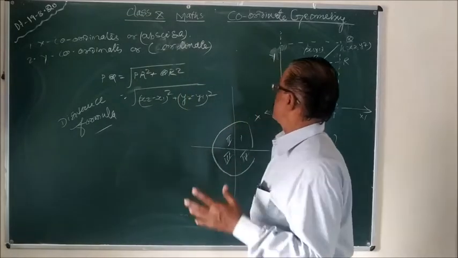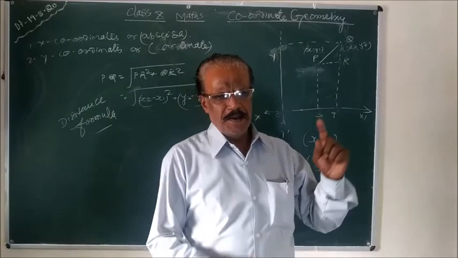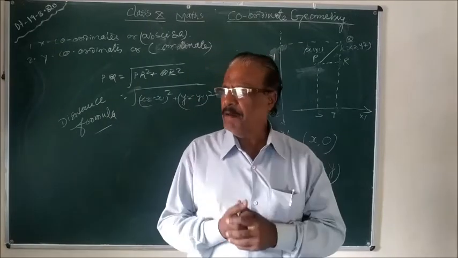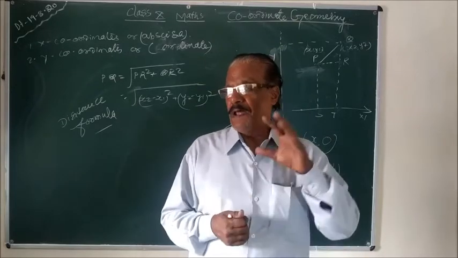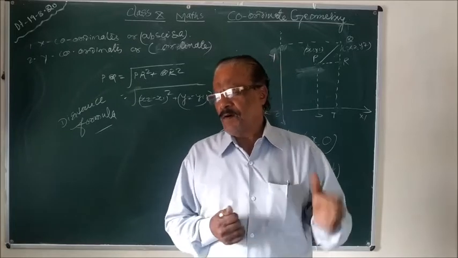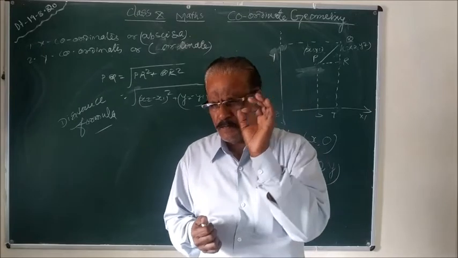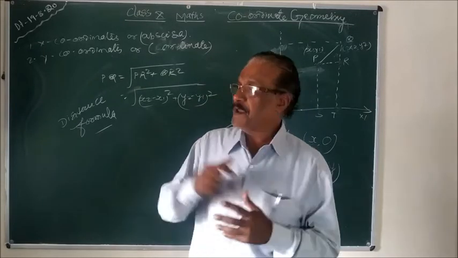One of the important branches is coordinate geometry. As we know, how can you locate the position of a place on the world map? You should know the 2 terms, longitude and latitude. Similarly, in coordinate geometry, if you want to locate the position of a point, where is the point?